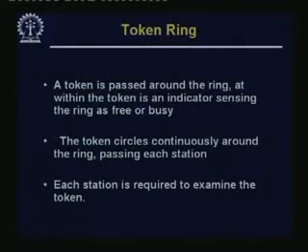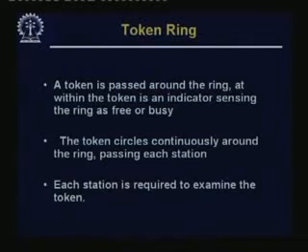In a token ring, like a token bus, a token is passed around the ring, and within the token is an indicator showing whether the ring is free or busy. If the token is busy, that means some frame is being communicated at that time. The token circles continuously around the ring, passing each station.